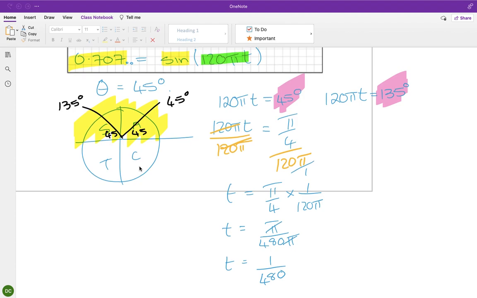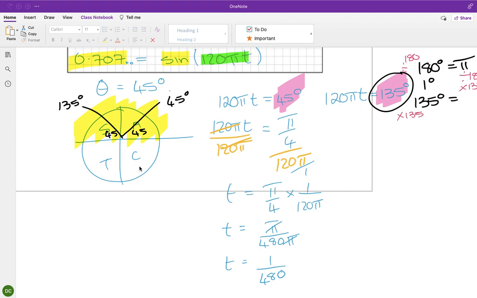180 degrees equals pi. I want 135. So go back to 1. So divide by 180 and multiply by 135. So pi divided by 180 multiplied by 135 is 3 pi over 4. So I can use that. So 120 pi t equals 3 pi over 4.